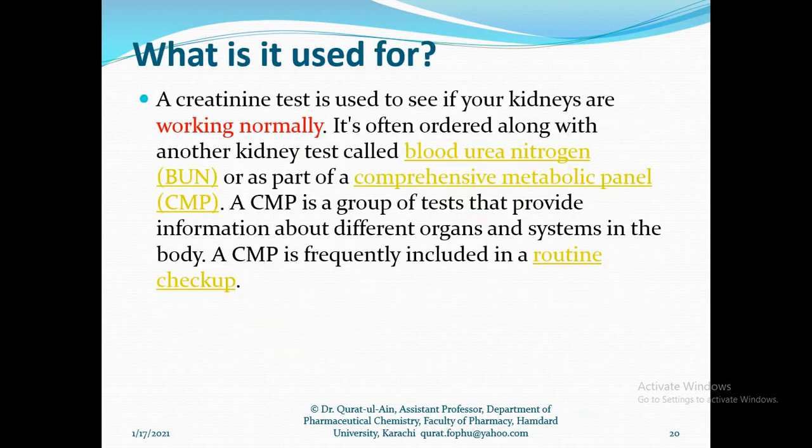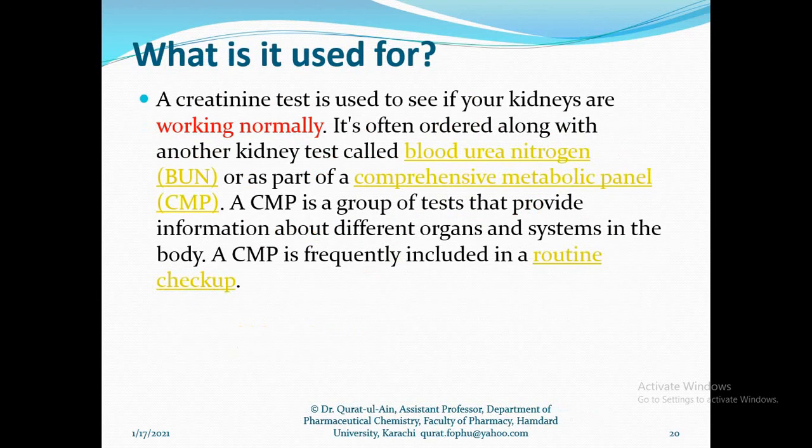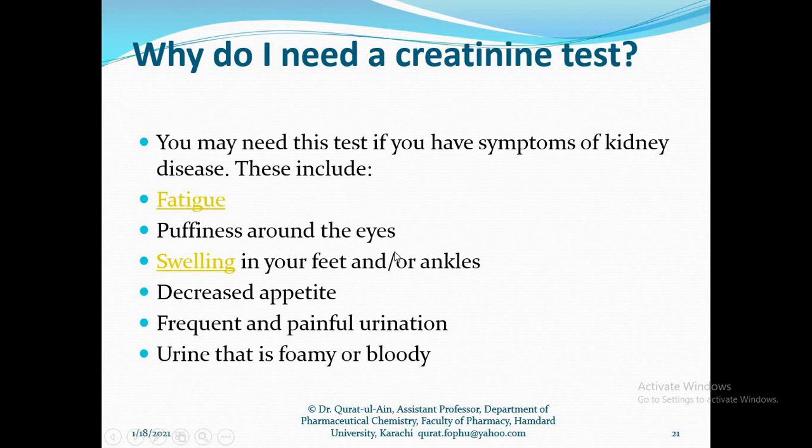If a person has a normal level of creatinine, it means the kidneys are working well. If a person does not have a normal level of creatinine in their blood, it may be an indication that the kidneys are not working well.